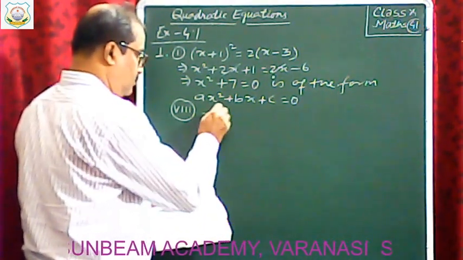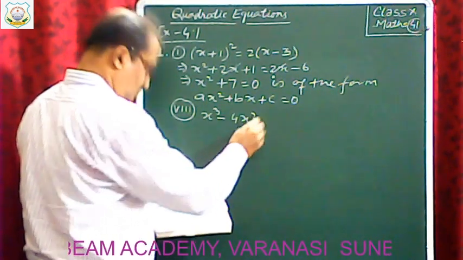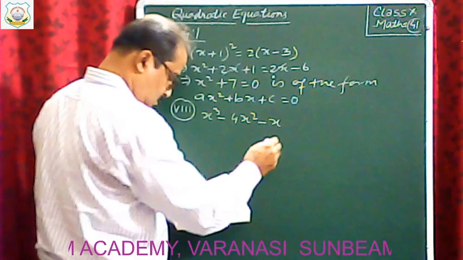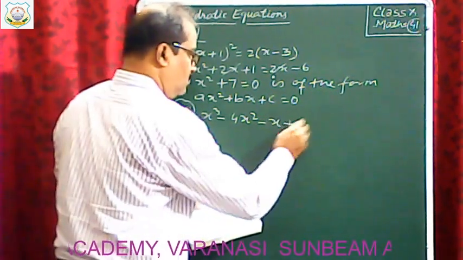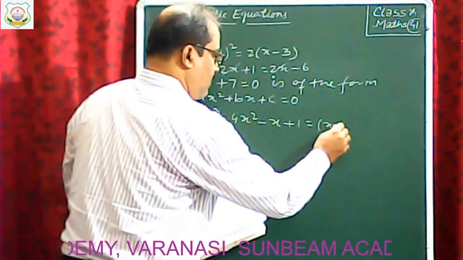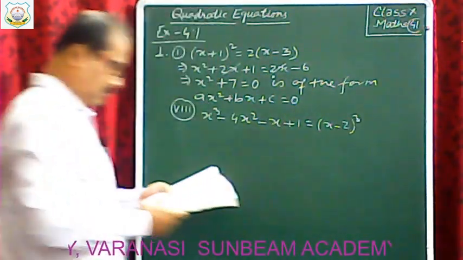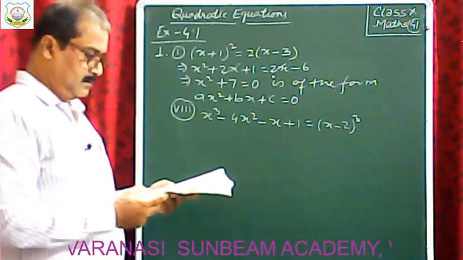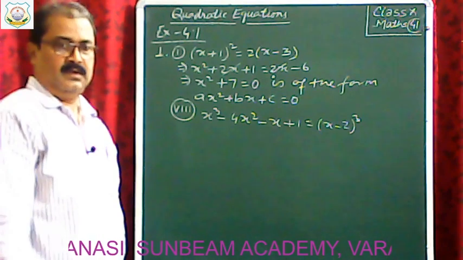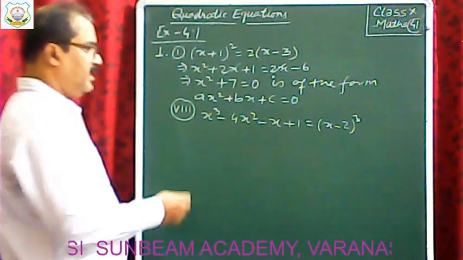X cube minus 4x square minus x plus 1 equal to x minus 2 whole cube. You have to check whether the given equation is quadratic or not. Again, simplification.